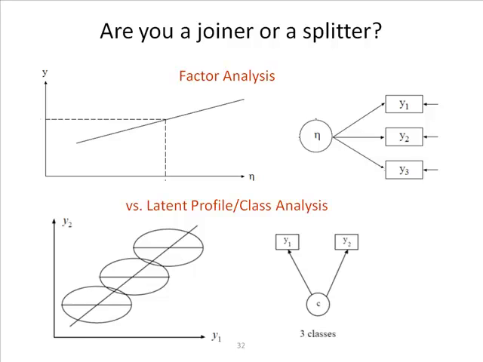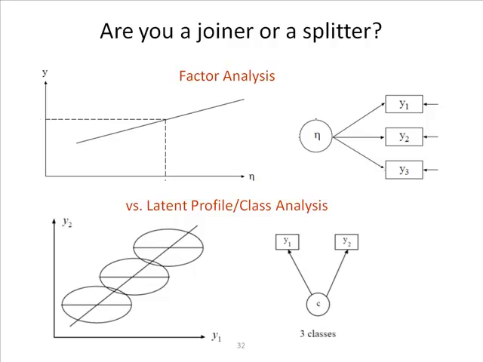In a factor analysis, you've got a correlation between different sets of variables. So here we've got the factor over here, represented by this axis, and we've got one of the y variables over here. And we're interested in the correlation between each of these variables. So that's what a factor analysis does. It tries to produce this line over here, which represents the overall correlations between each of these variables. What a latent profile, latent class analysis does is exactly the same thing, but it's trying to split up that correlation into different classes.